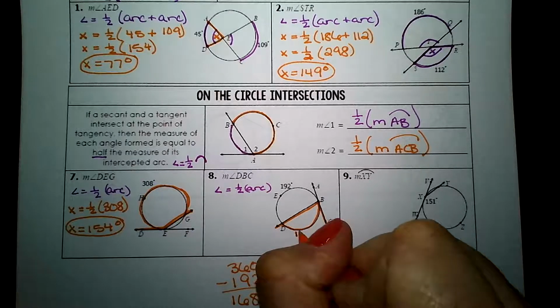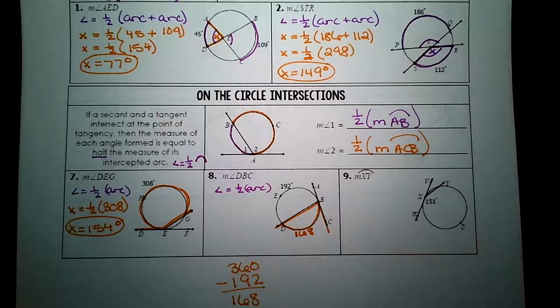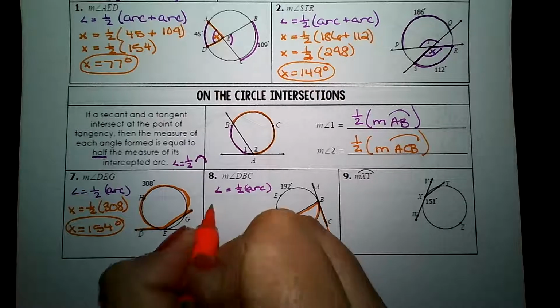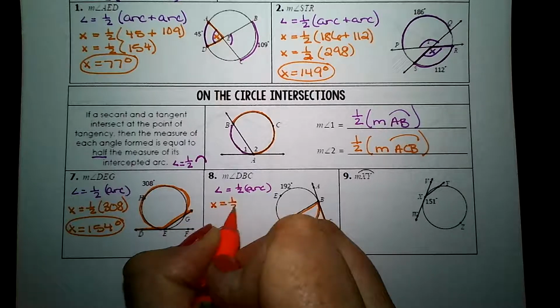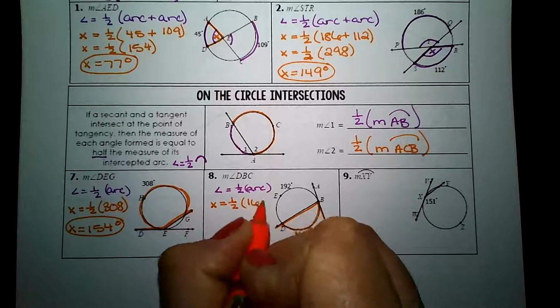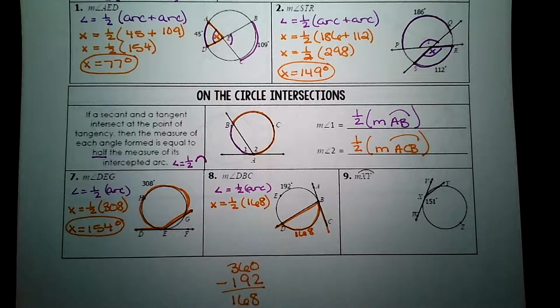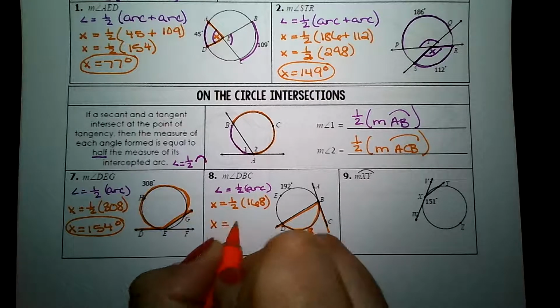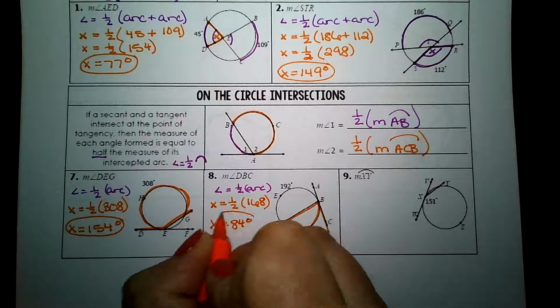So this arc out here is 168 degrees, and that's what I can use to plug into my problem. The angle is equal to 1/2 of the arc, and our arc is 168 degrees. So I need to multiply 1/2 times 168 degrees. Now I'm getting an 84-degree angle.